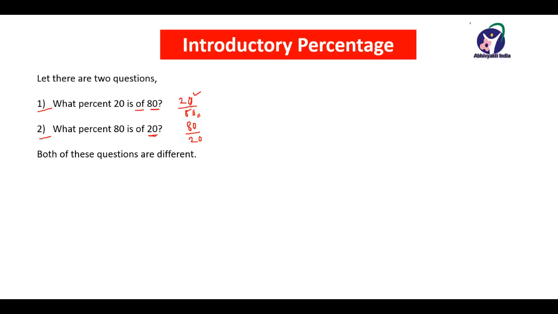We solve this. 0 will get cancelled, 2 4s are 8, so it will be 1 by 4, and therefore it is 25%. So what percent 20 is of 80? It is 25%. Now what percent 80 is of 20?